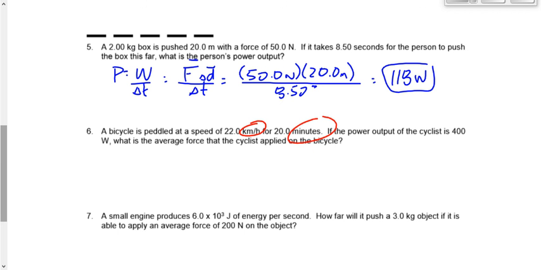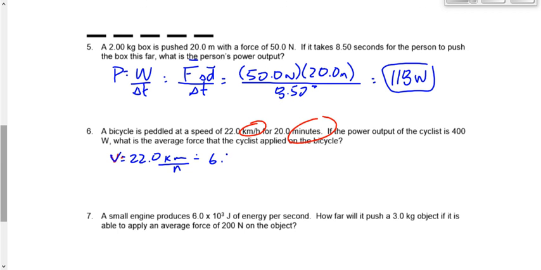Let's write down those givens. We know that it's a power question, and if it's a power question, it's probably a work question as well, because power always involves work. We have a speed here of 22.0 kilometers per hour. Does anybody have that in meters per second? 22 times 1,000 divided by 3,600? 6.1?